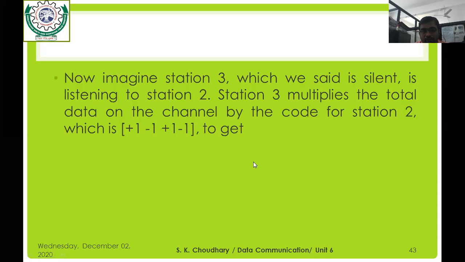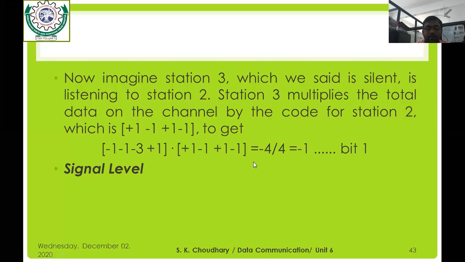So station 3 gets the data -1, -1, -3, +1, which is multiplied with the code of station 2, because station 3 is listening to station 2. Multiplying the data with the code of station 2 gives -4 upon 4, that is -1. It represents the bit 0.